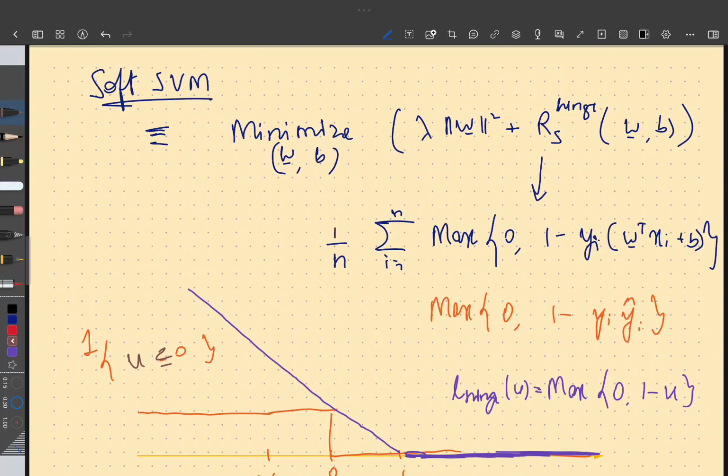The other way of interpreting Soft-SVM is, as I said, instead of trying to do empirical risk minimization over the 0-1 loss, you do empirical risk minimization with respect to the hinge loss with a regularizer. And this sort of approach is what is most frequently used in most machine learning problems.